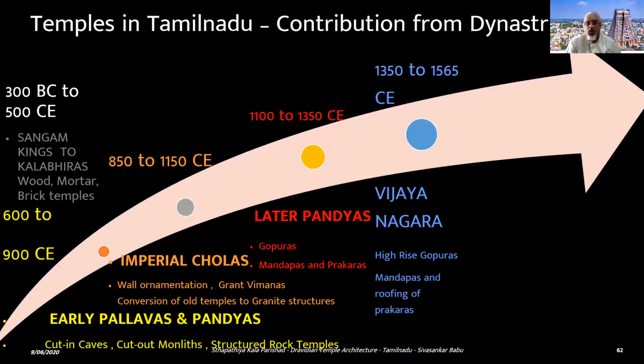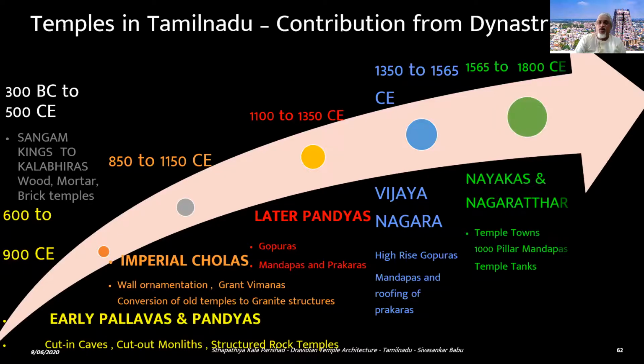And then their work in mandapas, the expansion and the artwork they have done is phenomenal. Now, in the modern era, this was also continued at a later period by Nayakas and Nagarathars by building a lot of temple tanks and mandapas, and then the artwork improved and the size of the mandapas went into grand scale.